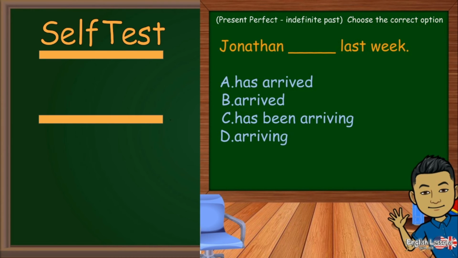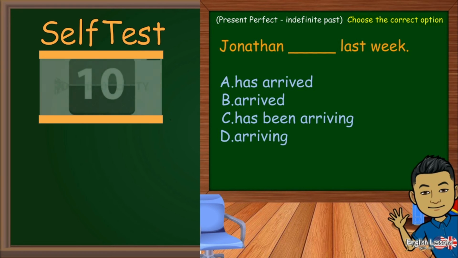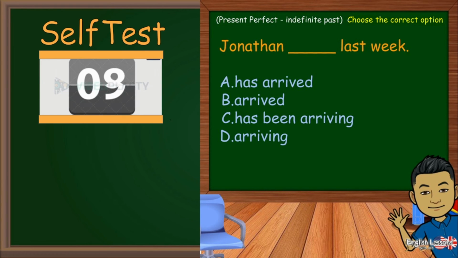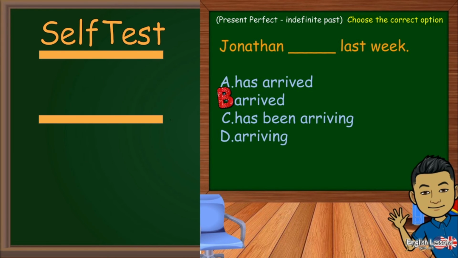Next, choose the correct option. Jonathan last week. B is the correct option because we have a past time marker, last week.